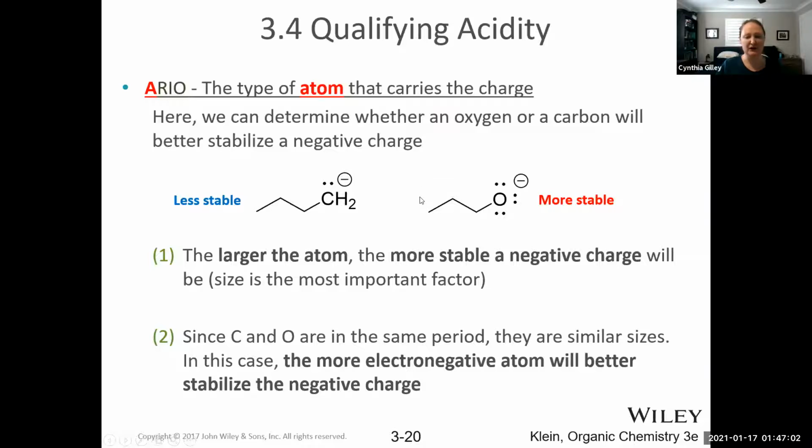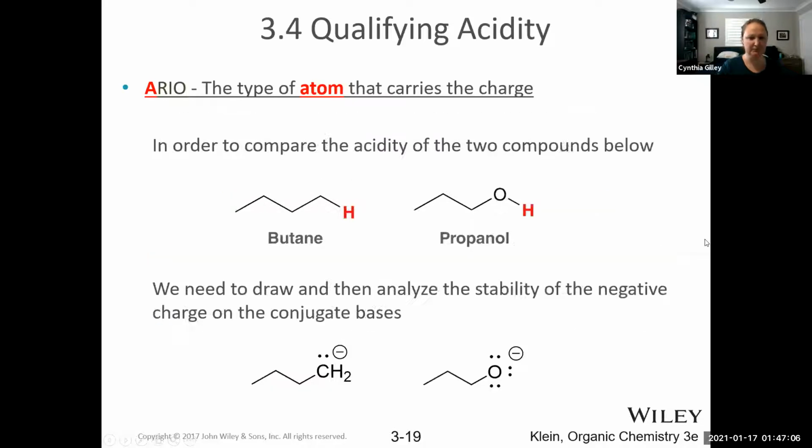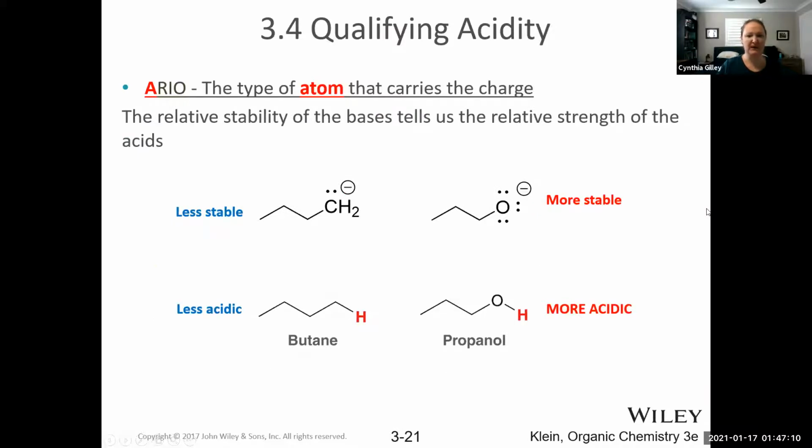So if we predict that this conjugate base and lone pair are more stable, then that means that the prediction is propanol is more acidic than butane. Wrong direction. There we go. So again, whichever conjugate base we predict to be more stable, then the corresponding acid is predicted to be more acidic. And that would match pKa values.